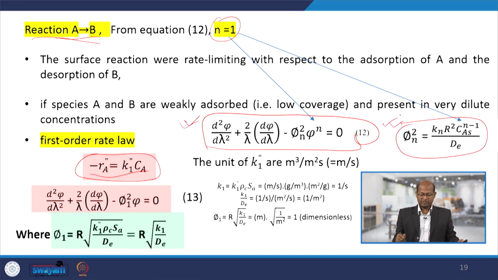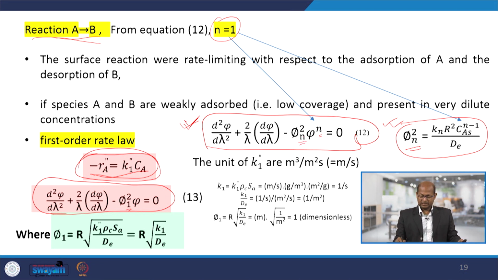If we consider a first order reaction, how can we express the Thiele modulus and these equations? Let us say this is a first order reaction, then if we put n equals 1, equation 12 can be written this way, as equation 30. Wherever n is there, we put 1.